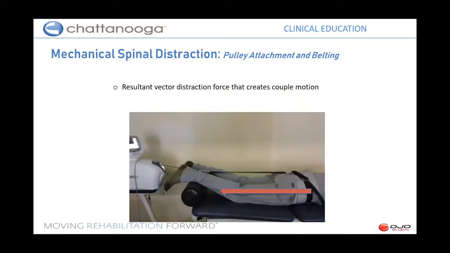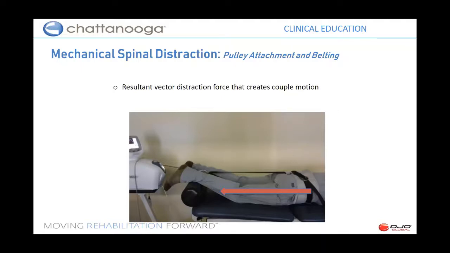So the initial vector, and always, always, always the primary vector, at least in this device, is going to be axial, right? It's longitudinal, running parallel to the spine. Anything else is going to be secondary, which to me, again, is a good thing. Distraction is an all-encompassing term that describes anything that separates the two adjacent components.